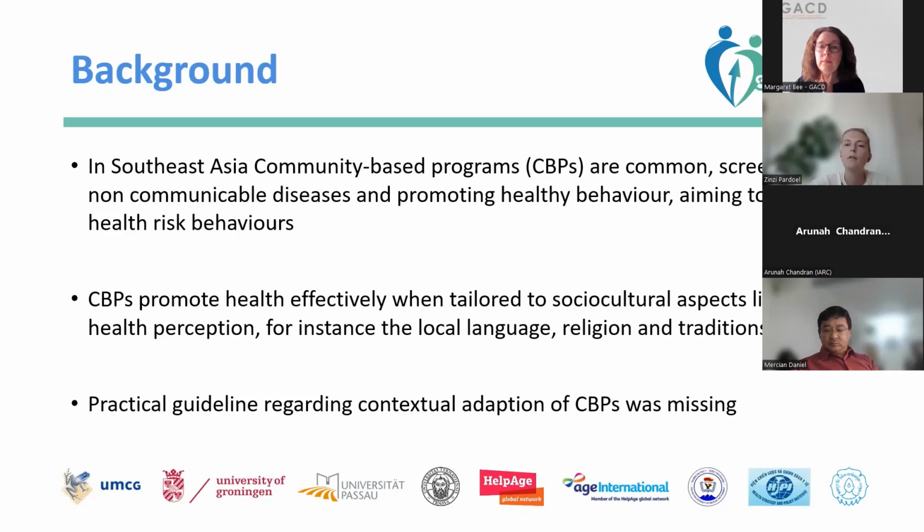But commonly, they also have some kind of health aspect to them. This could be screening for non-communicable diseases, but it could also be physical activities to promote healthy behavior, aiming to reduce health risk behaviors.